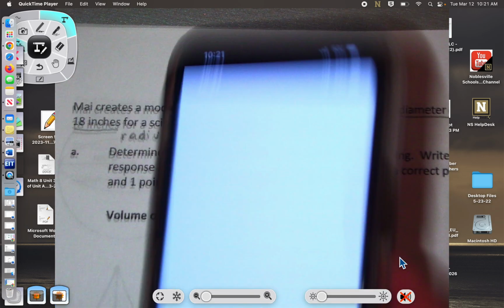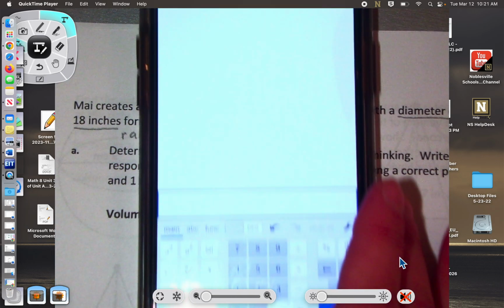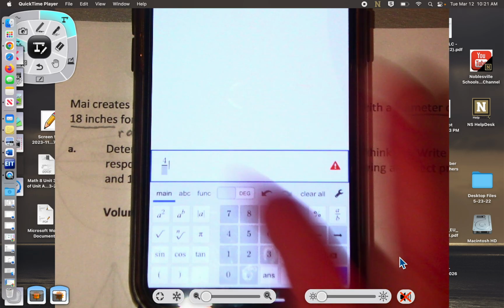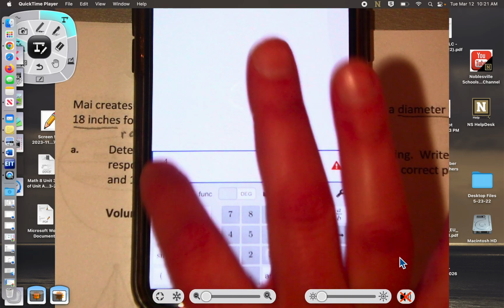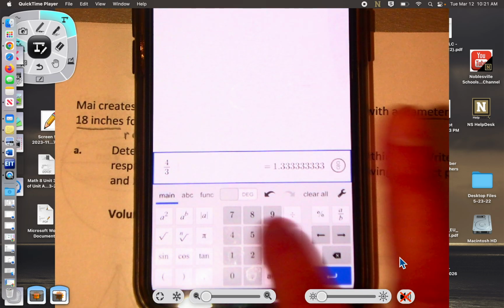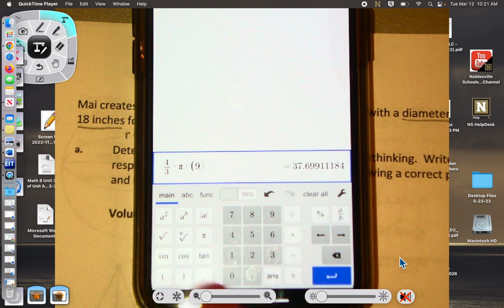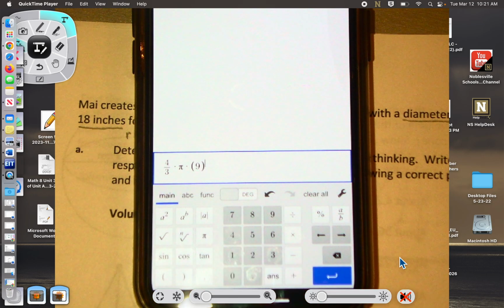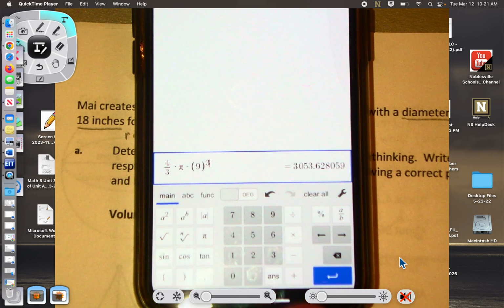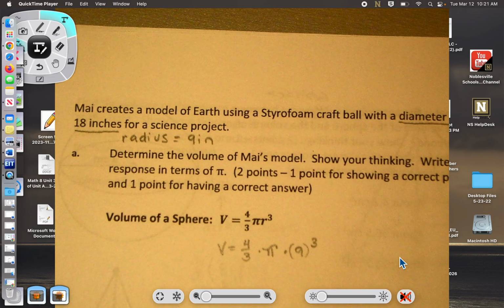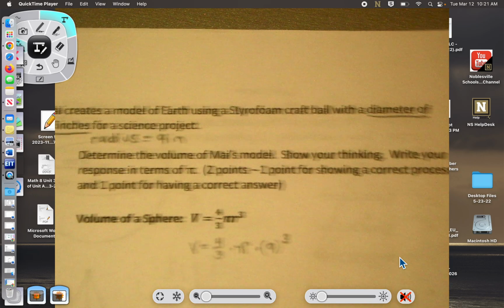So when I use my Desmos calculator here, I'm going to do 4/3 times pi times, and I'm going to put 9 in parentheses, and then use the exponent key so I can choose 3 as my exponent. Oh my gosh, you guys, I made a mistake.